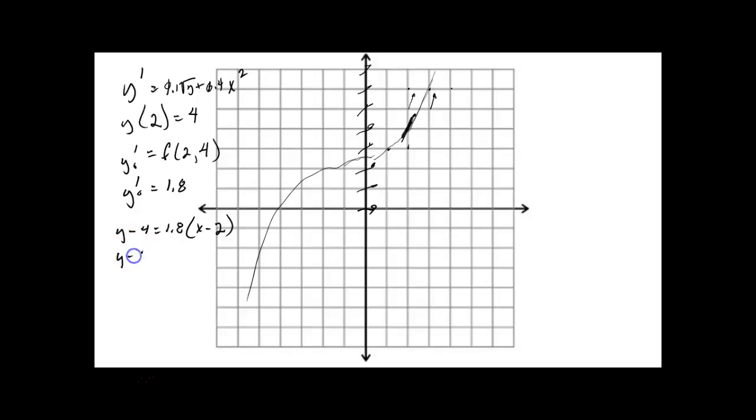So it would be y minus 4 is equal to 1.8x minus, let's see, 3.6. Yeah, okay? And then we'll add 4 to both sides, and you'll come up with y is equal to 1.8x plus 0.4.